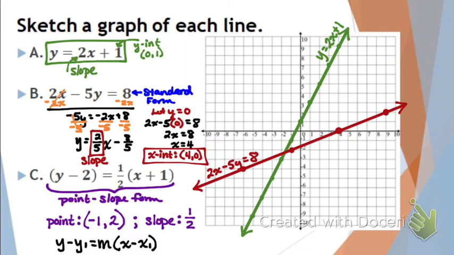1/2. So we're going to go plot our point, negative 1, 2, right here. And then from there we can use our slope. Up 1, right 2, up 1, right 2, until we run out of room on our graph. Back it up the other direction.